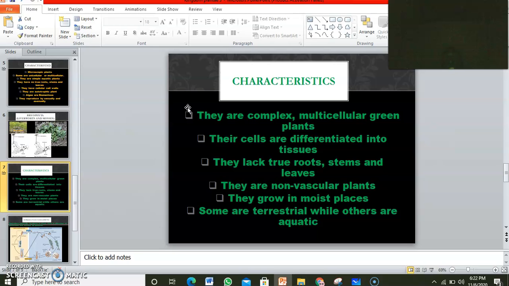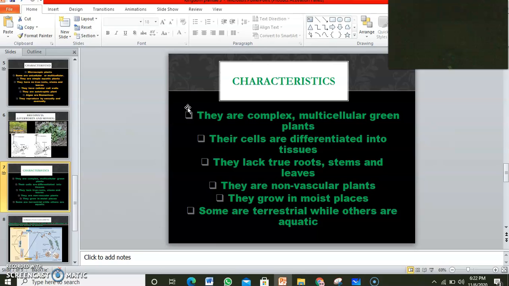They are still at tissue level, just like we have Hydra as a tissue organism in animals. So these plants, the bryophyta, are tissue organisms in the plant kingdom. Please note the difference. They lack true roots. As I told you, there's no definite root.